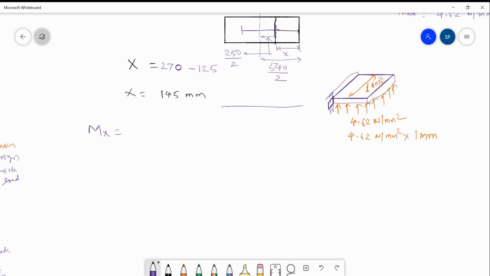So this is the base plate, and you will be getting upward soil pressure here, and critical section is located somewhere here.